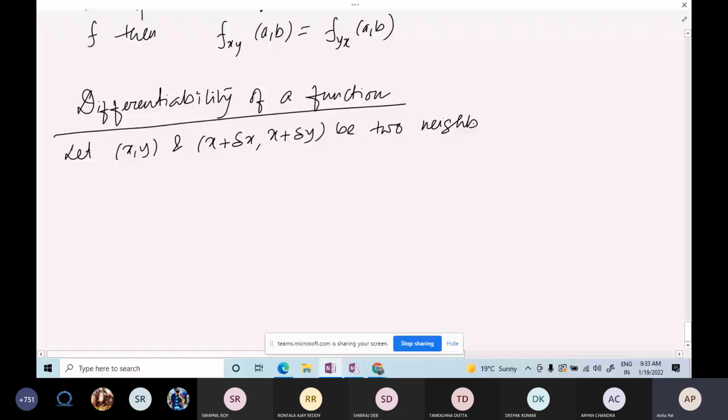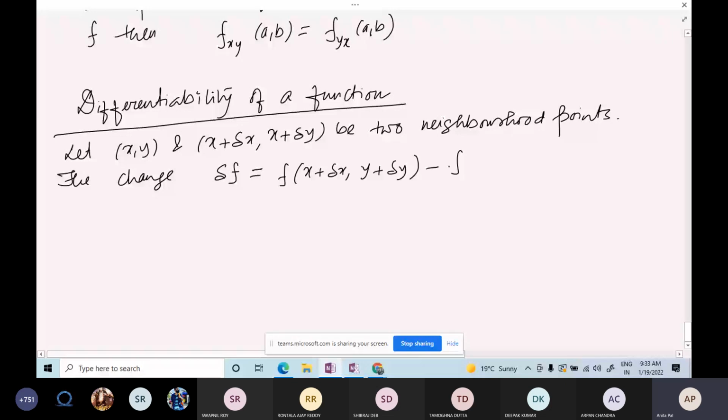Now the change delta f in the function as the point changes from (x, y) to (x plus delta x, y plus delta y) is given by f(x plus delta x, y plus delta y) minus f(x, y). This is very natural.